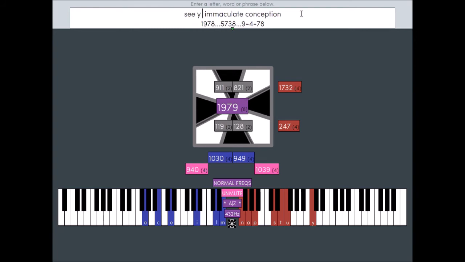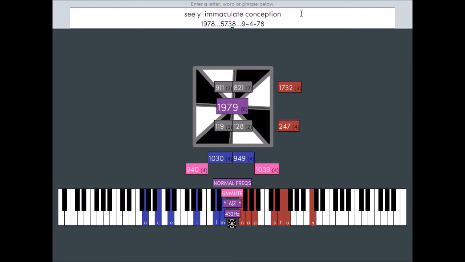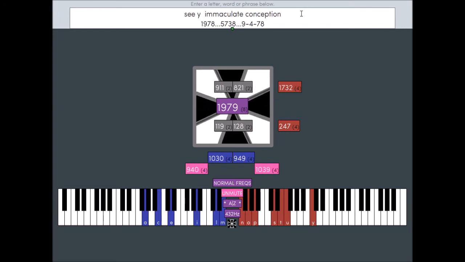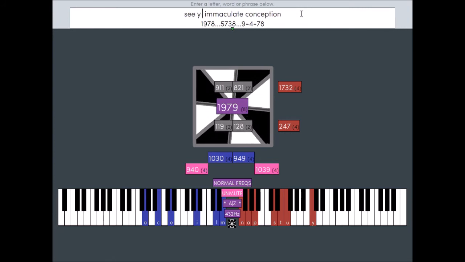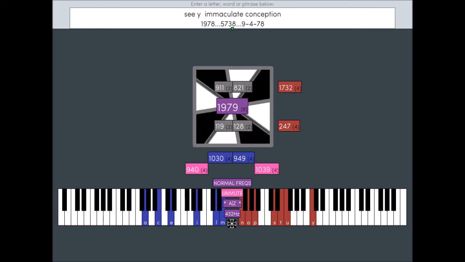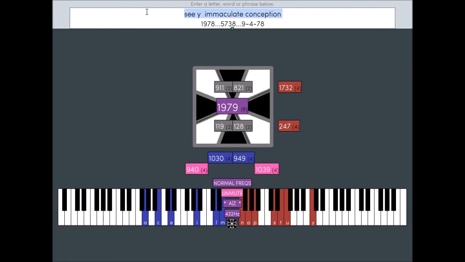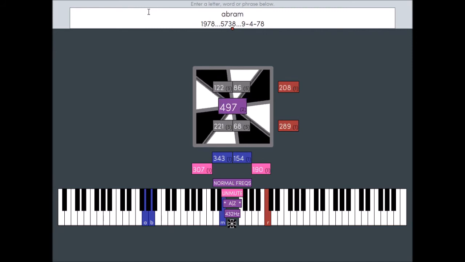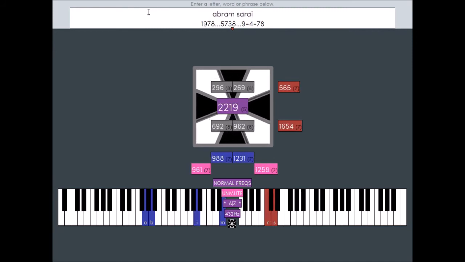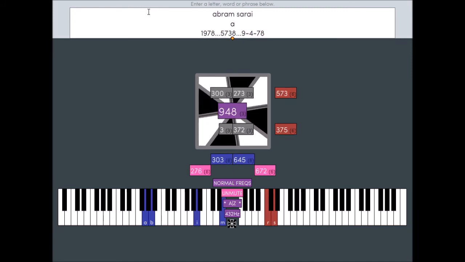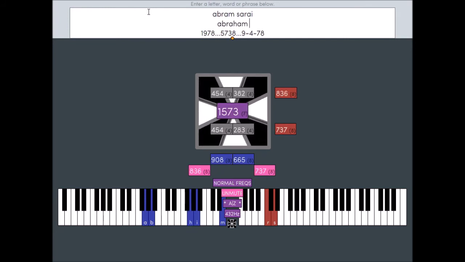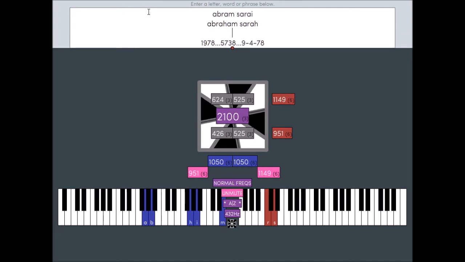But the conception and birth of Isaac is the same deal also as the conception and the birth of Jesus, right? So that is the wisdom in the difference between Abram and Sarai, Abraham and Sarah.